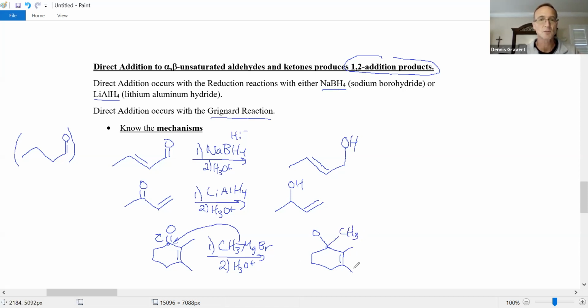This methyl is different from those two because this methyl came from the Grignard. And then hydronium ion puts a hydrogen here. And all three of these examples of direct addition just directly attack the carbonyl, directly attack the aldehyde or ketone, ignore the double bond. Everything's good, normal. It's what we'd expect.